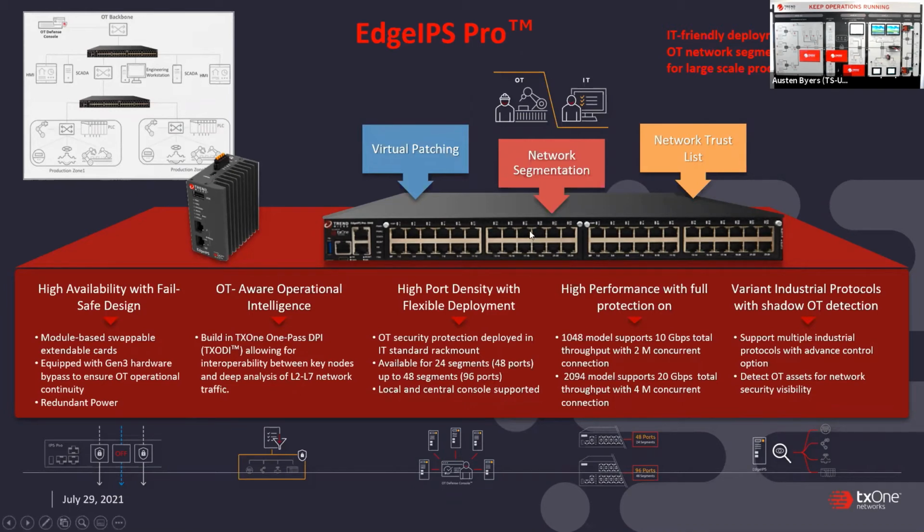So you can control all of your port pairs and how you would want them to fail over. So you can say 1 through 6 will fail open or fail safe, and then the rest of them will fail closed. That way, if the device goes down, you decide which ports will pass the traffic to the downstream machines, and which ones will stop it there until you get this device back up and running. That's just one example of how the EdgeIPS Pro has more features. It just takes everything to the next level.